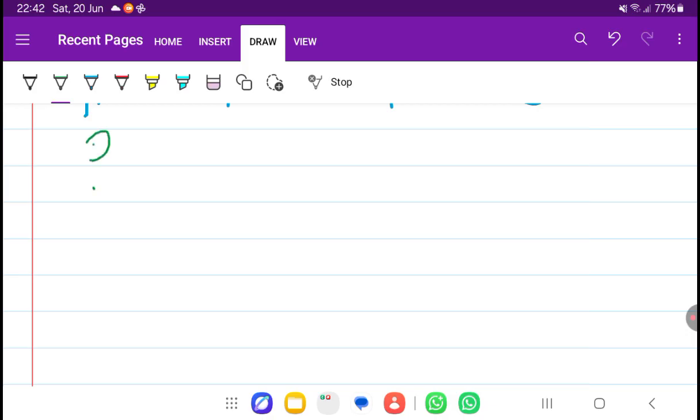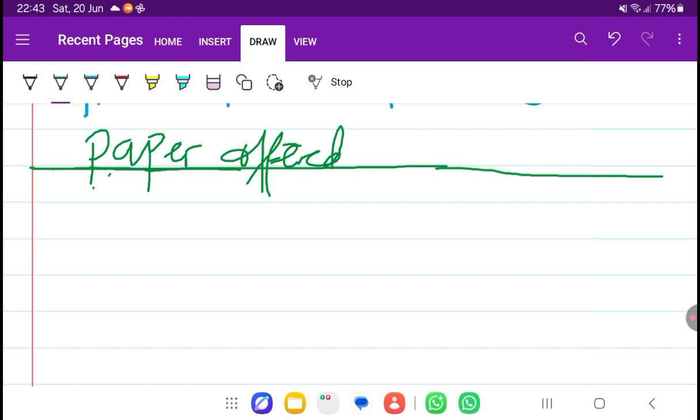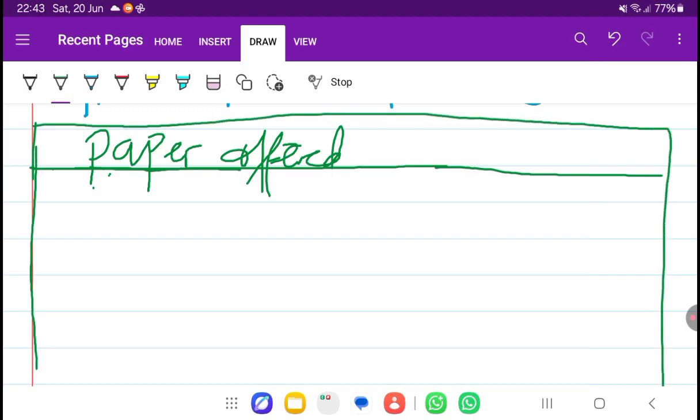So we can have the paper offered, or we can just have one heading, papers. You don't need to write papers offered by the Institute of Certification. That will be a very wrong table.